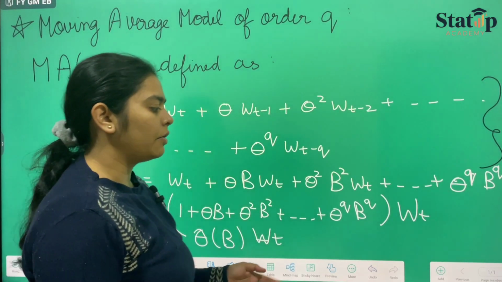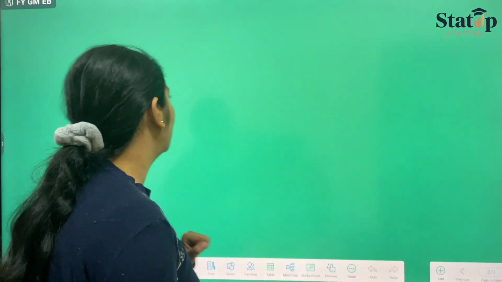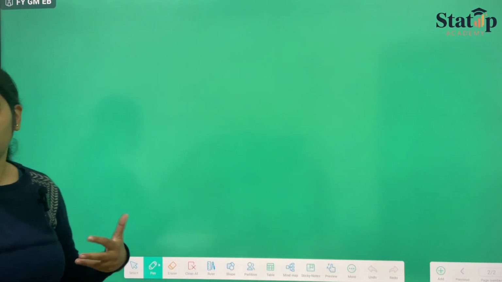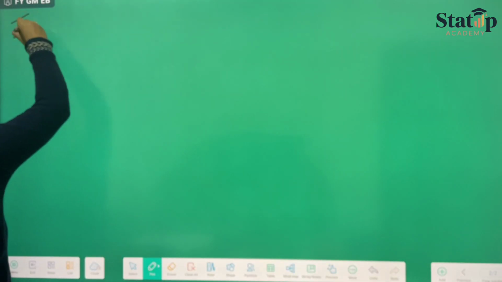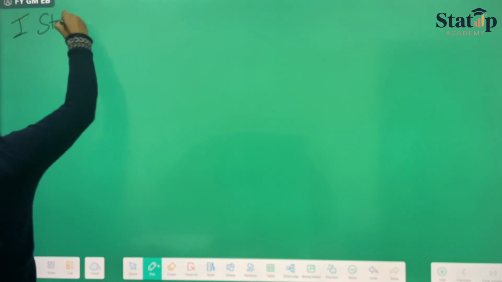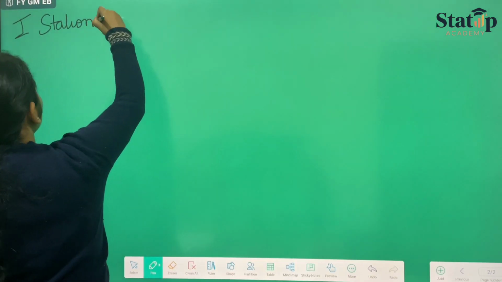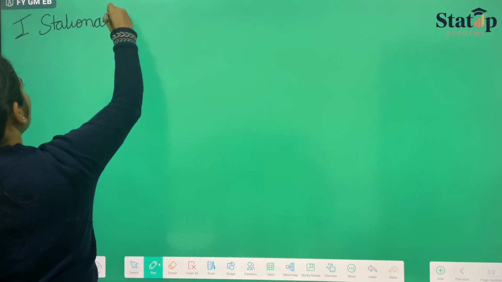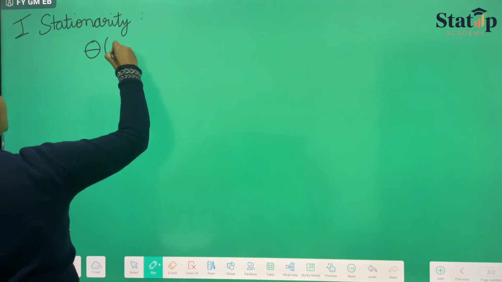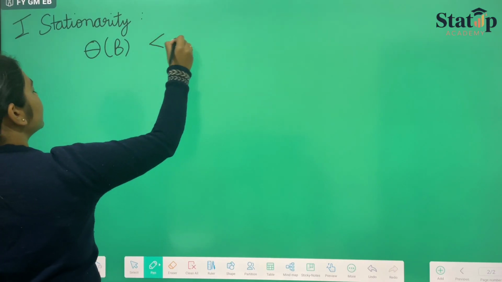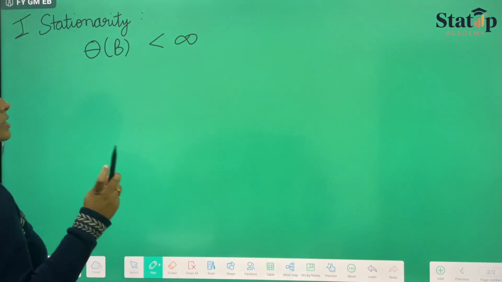Now the properties of invertibility and stationarity. This moving average series of order Q, first is stationarity. If theta(B) is less than infinity, then the model is said to be stationary.